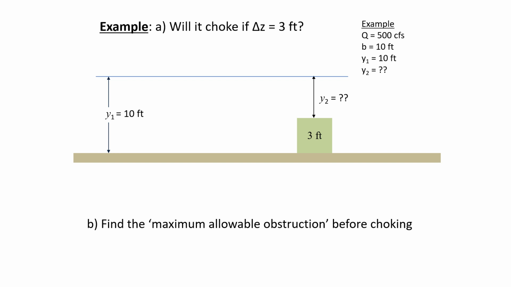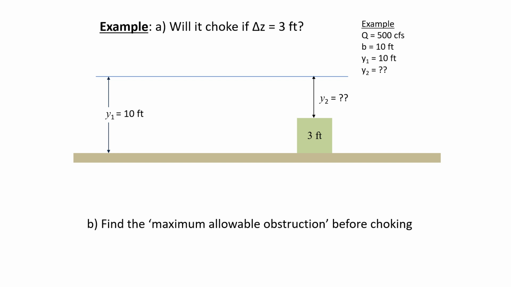It's going to be y2 plus 500 CFS squared divided by 2 times g, 32.2 feet per second squared, times the area squared, 10 times y2 squared. So this is all of the energy accounted for. The energy at 1 minus the step up is how much energy there is at 2. So this is the specific energy. The energy above the sill is the depth and the velocity head.